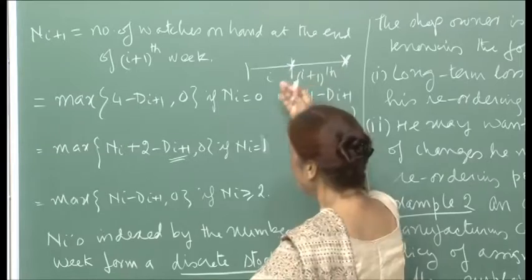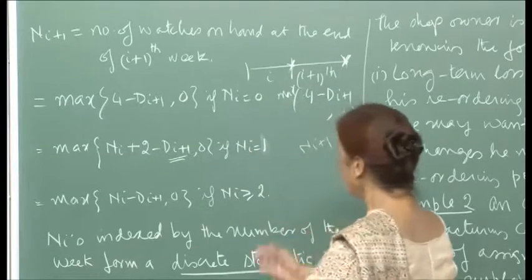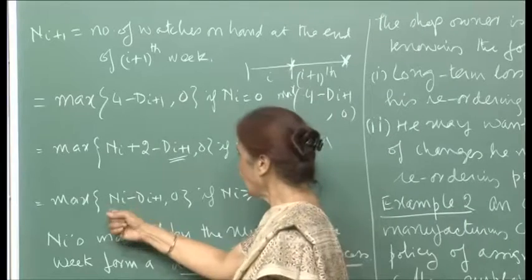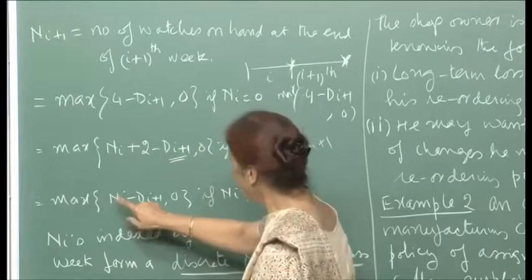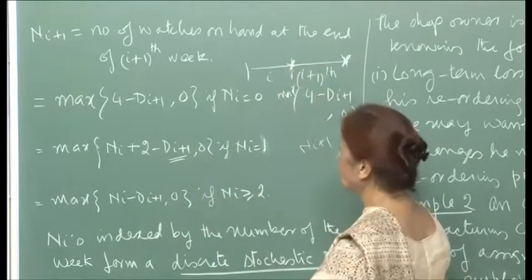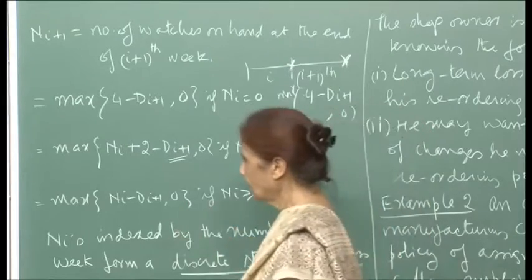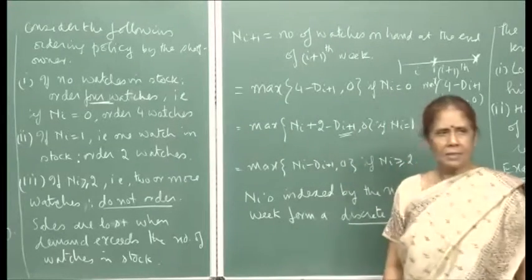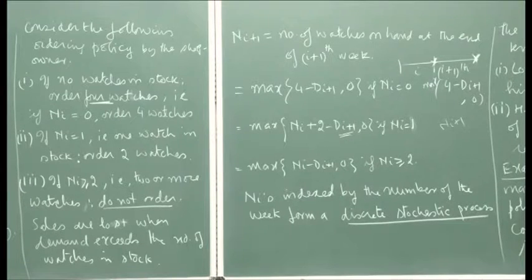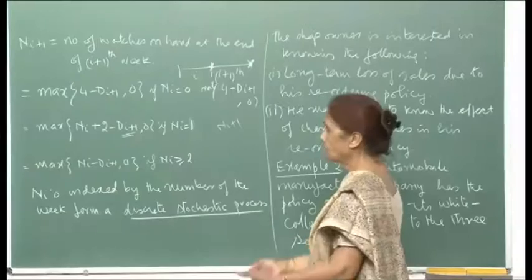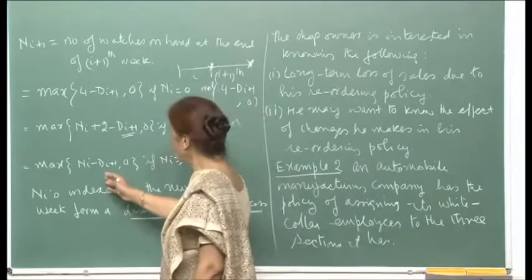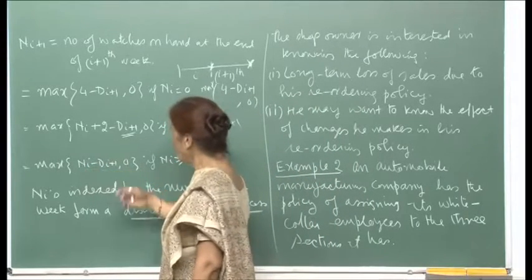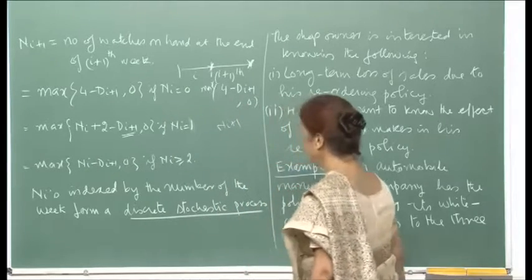So therefore you can say that here your N_{i+1} is dependent on just N_i and d_{i+1}. So the current demand and the state in which you were at the beginning of the (i+1)th week, right. So this is sort of trying to show you the dependence, because the variable N_{i+1} is trying to tell us the state of the system at the end of every week. So this phenomenon is dependent on the 2 random phenomena N_i and d_{i+1}. So this is one example.